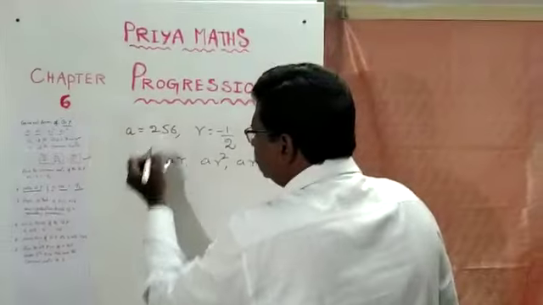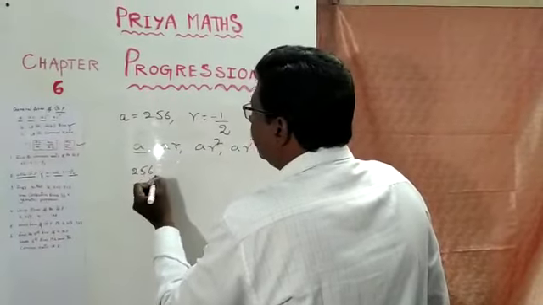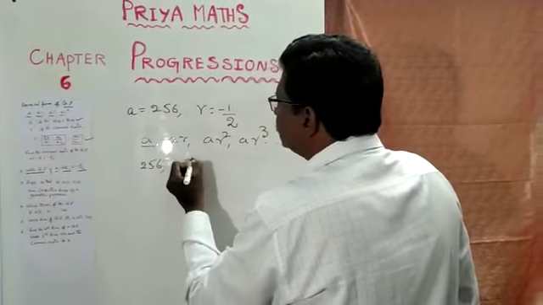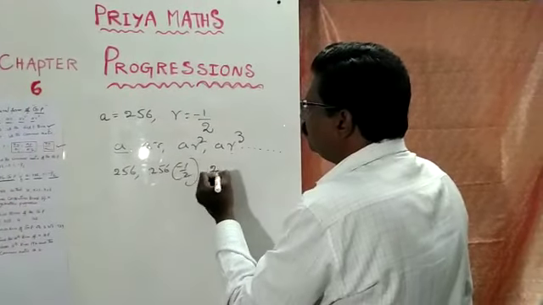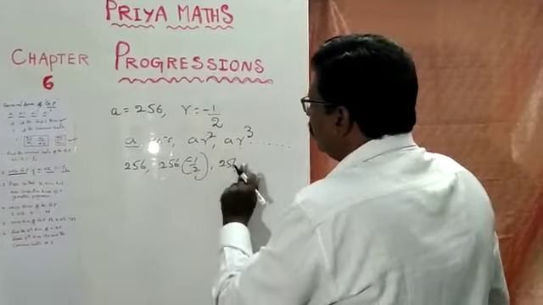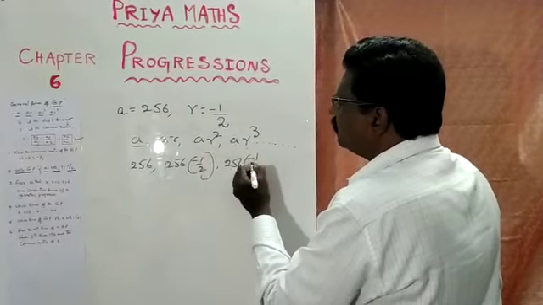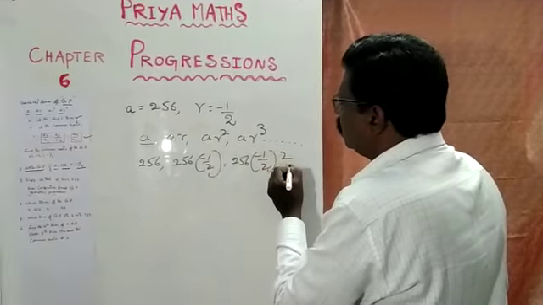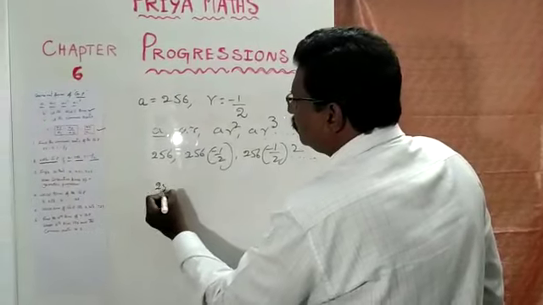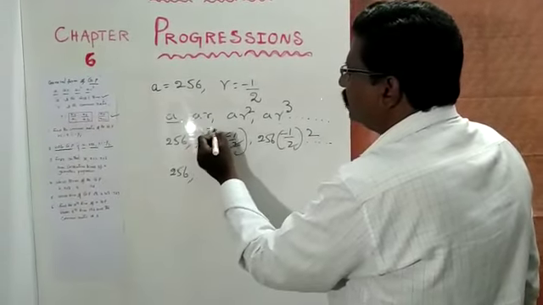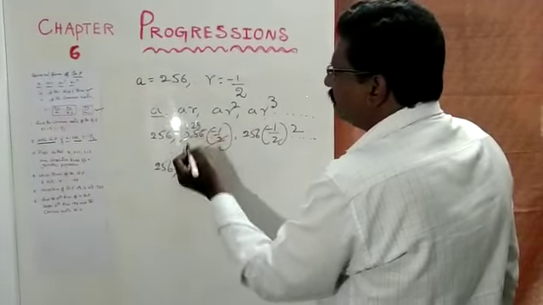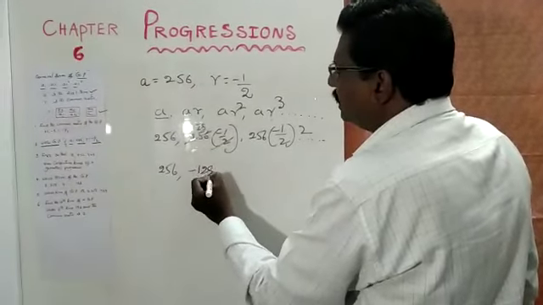So a means 256. Then ar is 256 of minus 1 by 2, and again 256 of minus 1 by 2 whole square, and so on. Here 256 cancels: 2 ones are 2, 2 twos are 4, 2 eights are 16, giving minus 128.